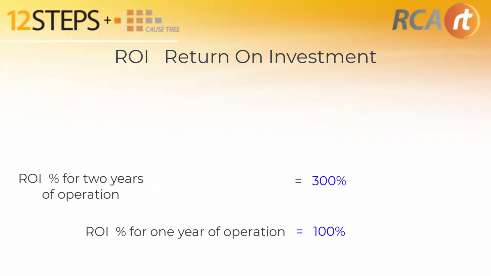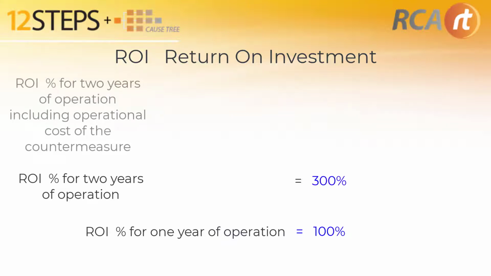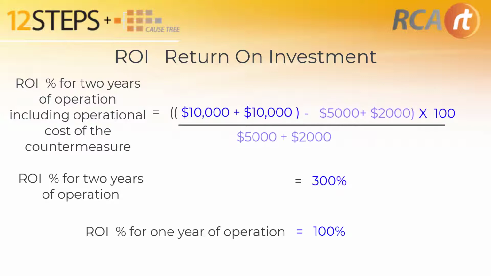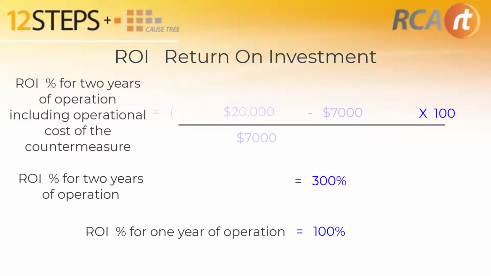But it may be there is an ongoing cost of the improvement. The initial capital cost of the improvement may have been $5,000, but perhaps there is an annual operating and maintenance cost of $2,000 in the second year. If we put this cost in the equation for the second year, the return on investment changes again.